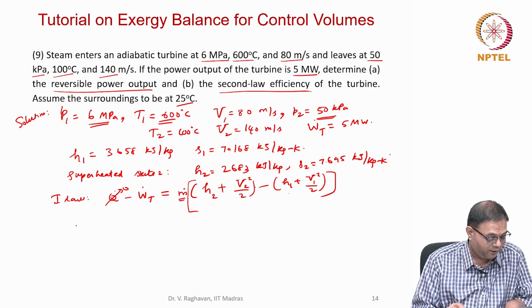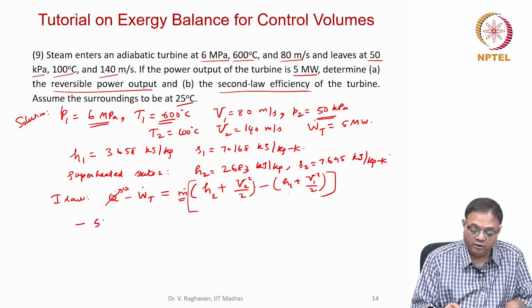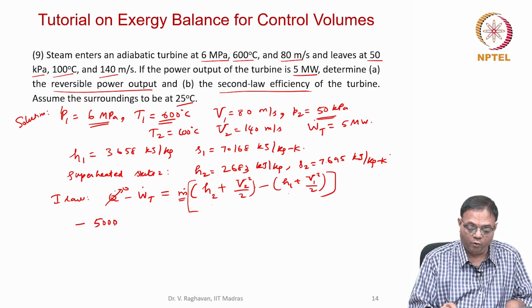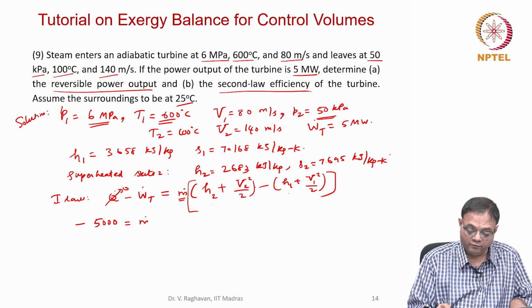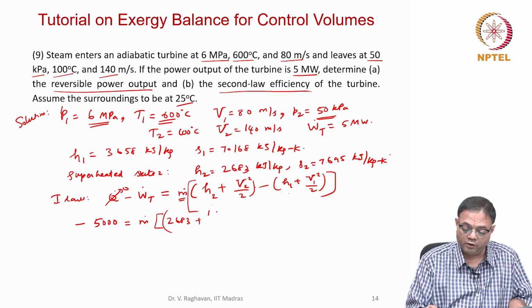Substituting, instead of megawatts, I put in kilowatts: 5000 kilowatts equal to, this is positive, so I am putting positive, mass into 2683 plus 140 square by 2000, minus 3658 plus 80 square by 2000.